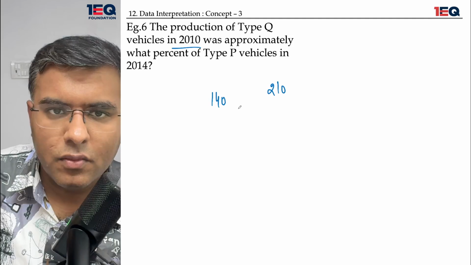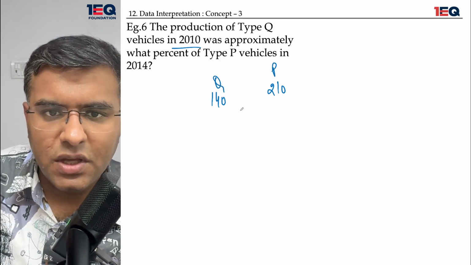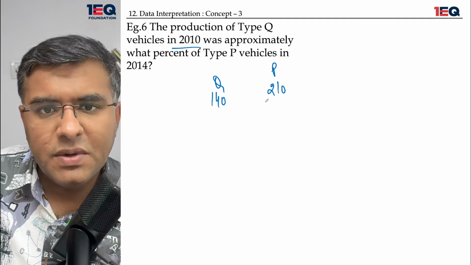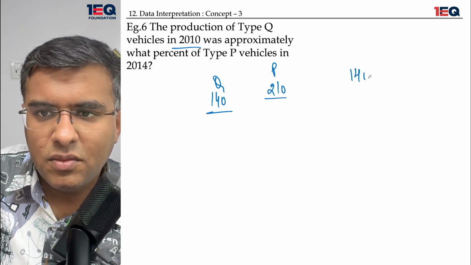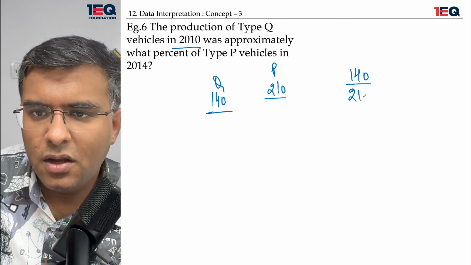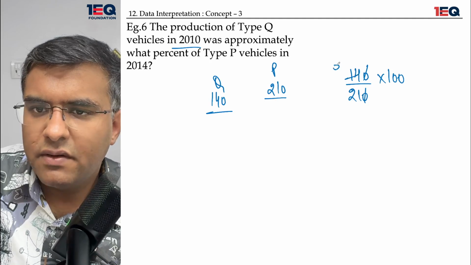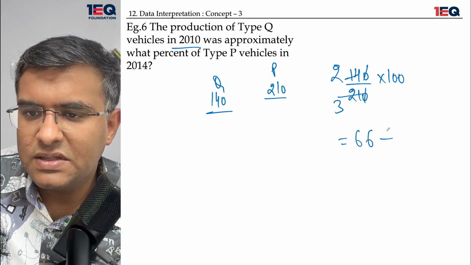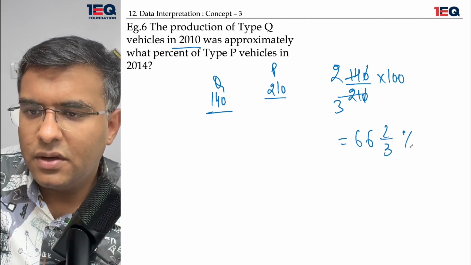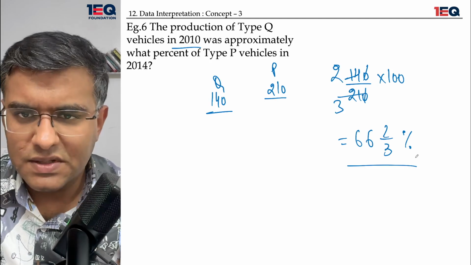What percentage of P is this? So again it means 140 upon 210 multiplied by 100. 7 2s are 14, 7 3s are 21, 2 by 3. This comes out to be 66 2 by 3%.